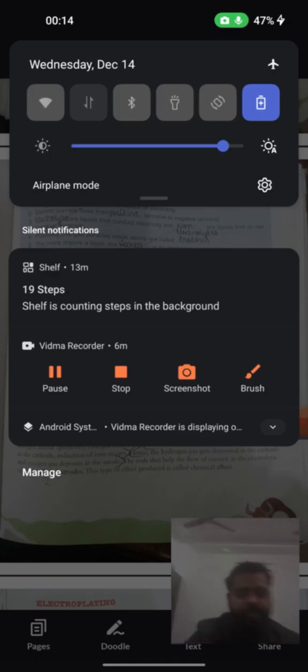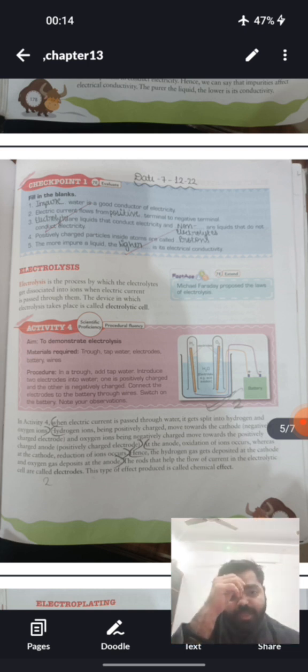So when we are studying electrolysis in our syllabus, we are studying the electrolysis of water. Water is made up of two types of ions, that is hydrogen ions and hydroxide ions. If we add a pinch of sulfuric acid and pass a strong current through it, we are able to collect hydrogen and oxygen gases.